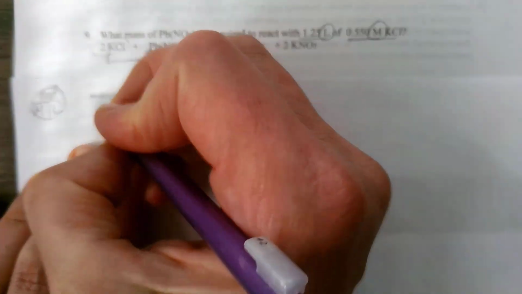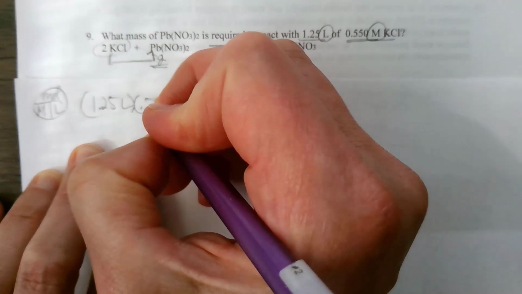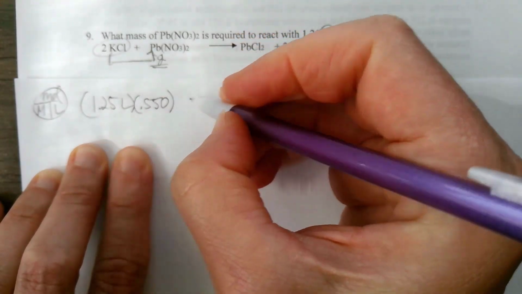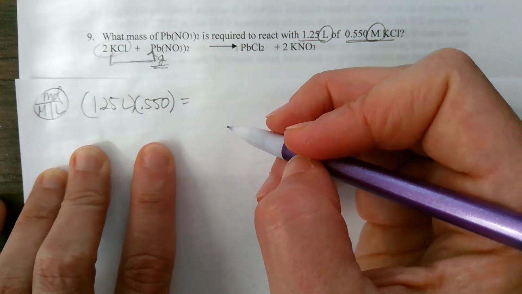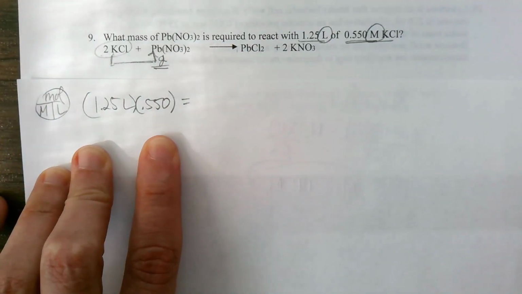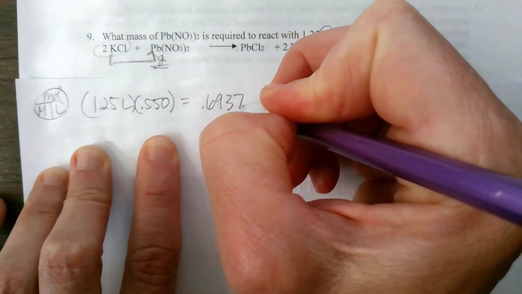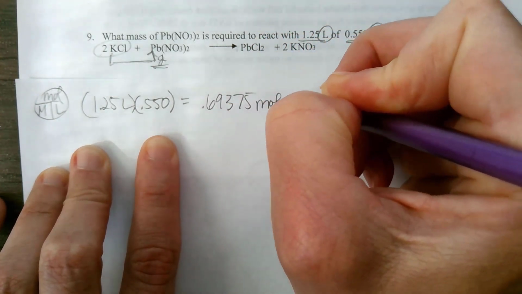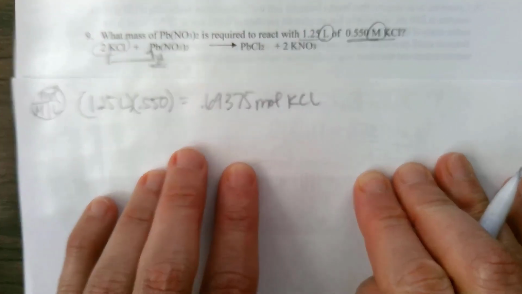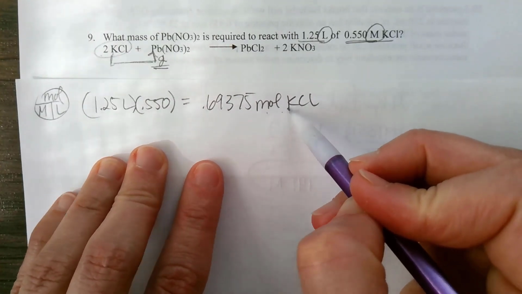So let's do 1.25 liters times 0.550 capital M. And we should get 0.69375. Okay, that gives us moles of KCl.